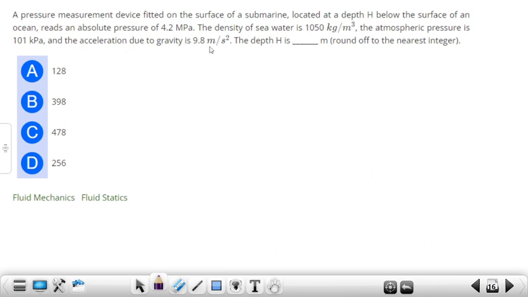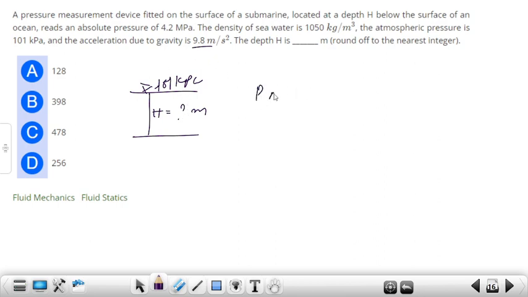The acceleration due to gravity is 9.8, and the depth h is equal to. So this is the surface of the atmosphere, 101 kilopascal pressure given, and the height h we have to find in meters, and the absolute pressure is 4.2 megapascal.